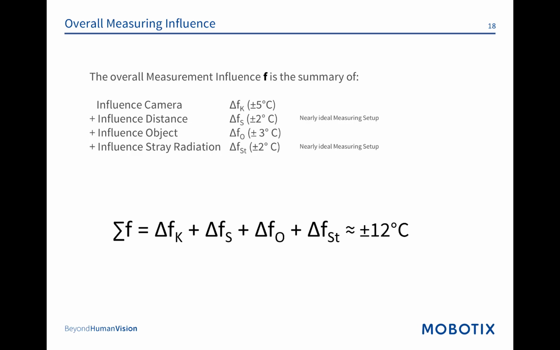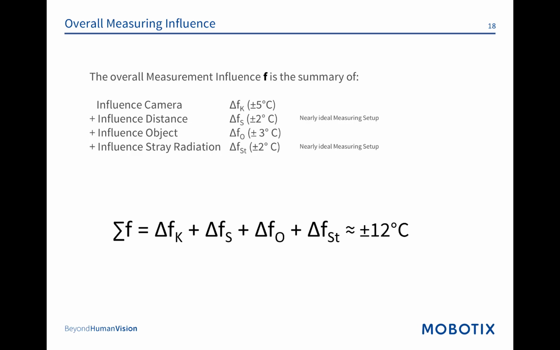Then we have our object. There we have the influence coming from the emission of the surface, the skin, because our skin is not a black body radiator. Our skin does not have 100% emission. So also here we need to keep in mind some influences, coming from different skin colors and different skin surfaces.